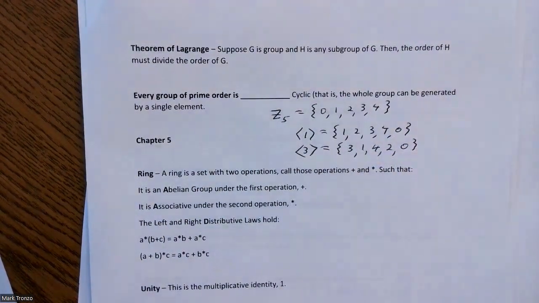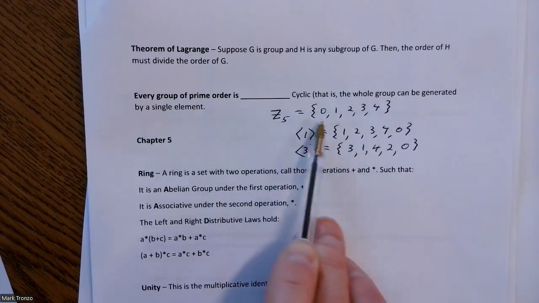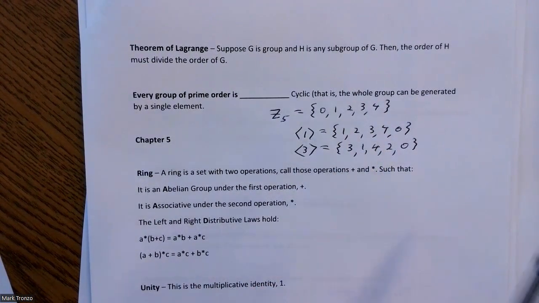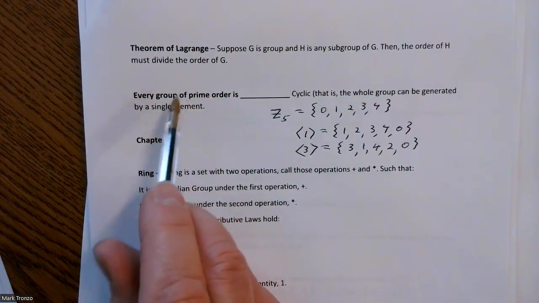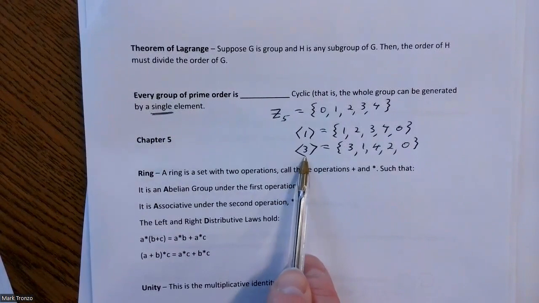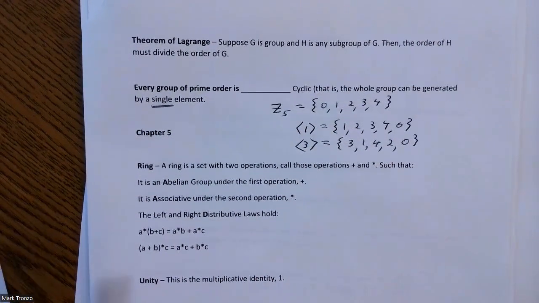Yes, if you're dealing with a Zn where n is prime, then you can generate the whole group with any element. I'm really only asking you to say there's a single element, but in most cases you can pick any element in the group and get the whole thing.